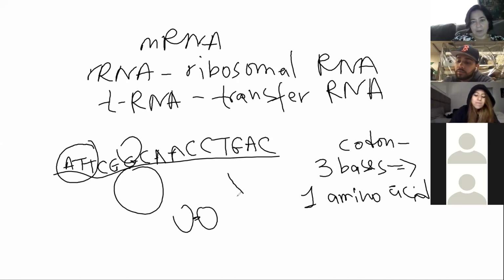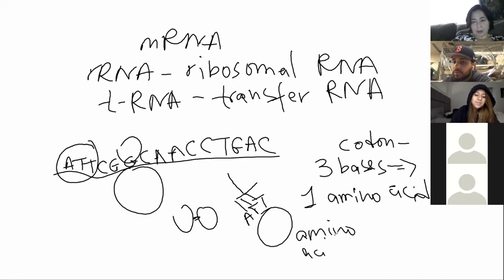It's an RNA that has 3 letters, let's say ATT, and these 3 letters carry an amino acid. So transfer RNA can pick up an amino acid based on its own code. If this code matches the code of the RNA molecule on the ribosome, this amino acid will be included.